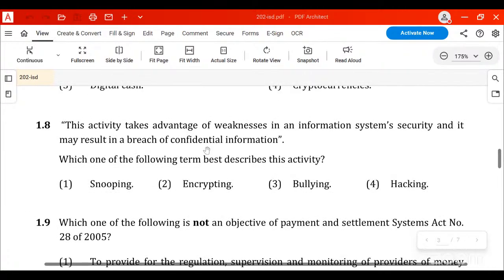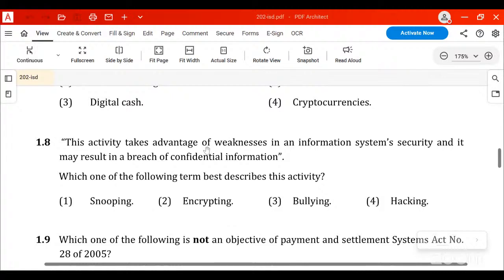This activity takes advantage of a weakness in an information system's security and may result in a breach of confidential information. 1.8. Snooping, encrypting, bullying, hacking. What is it?